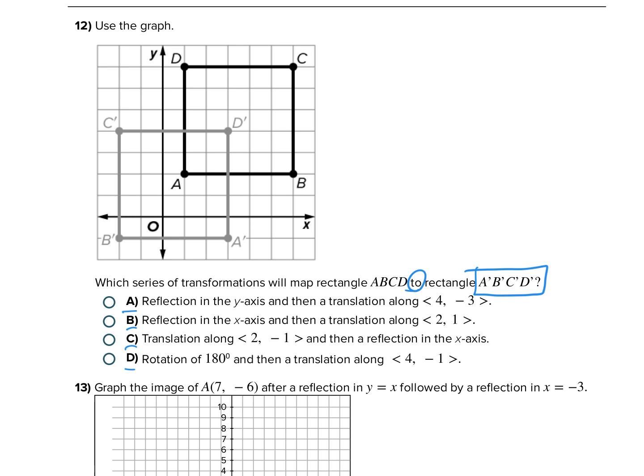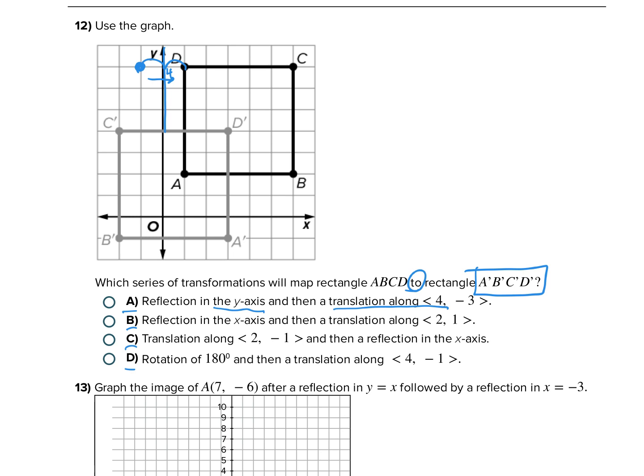So choice A, reflection in the y-axis, and then a translation of 4, -3. All right, so my y-axis is here. D is 1 unit away, so that puts D here. And then a translation of +4 is going to move me to the right 4 units, and then down 3.